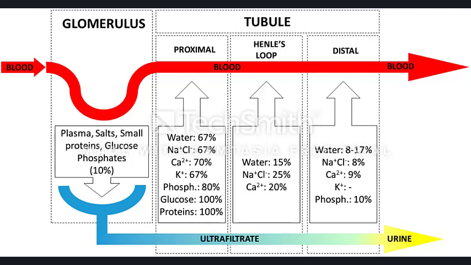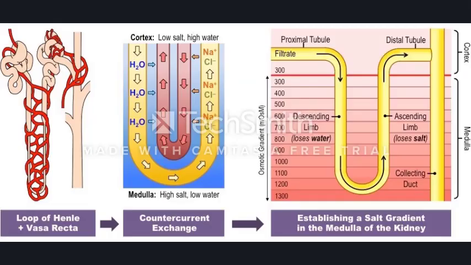So when you look at your diagram of your nephron, what you'll see is that each renal tubule is surrounded by this network of capillaries. And the liquid moves along the first tubule, or the proximal tubule, proximal meaning first, and all the glucose and amino acids, together with most of the salts, are going to be reabsorbed.